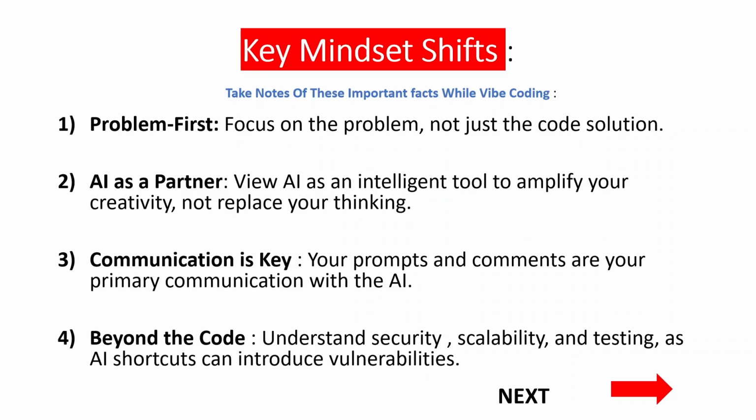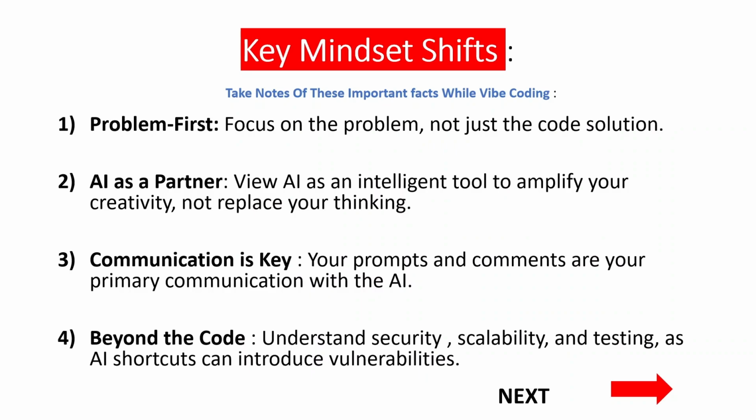Now, the next thing you need to take note of is AI as a partner. View AI as an intelligent tool that amplifies your creativity, not just replaces your thinking. Don't think that AI will just do everything or be responsible for everything for you. You need to make sure you still think in order to solve these problems.